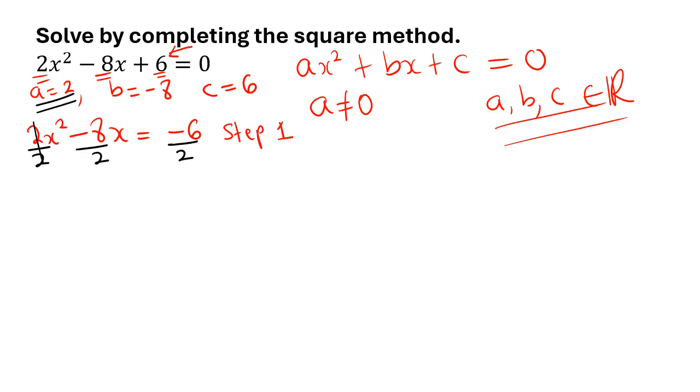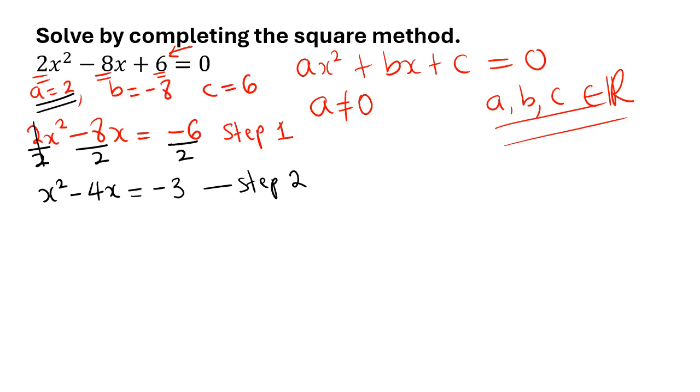You cross that out, and you have x squared minus 4x is equal to -3. This equation is very, very important. So this is going to be step 2.